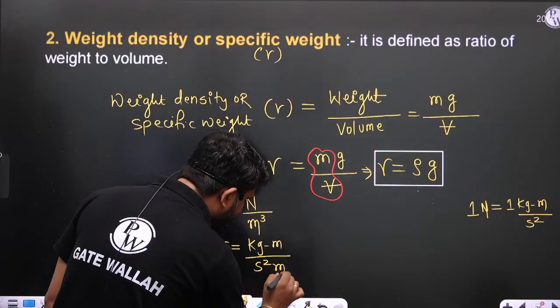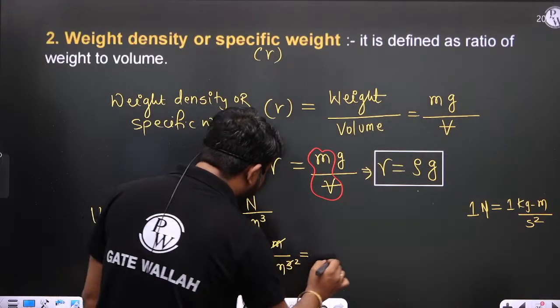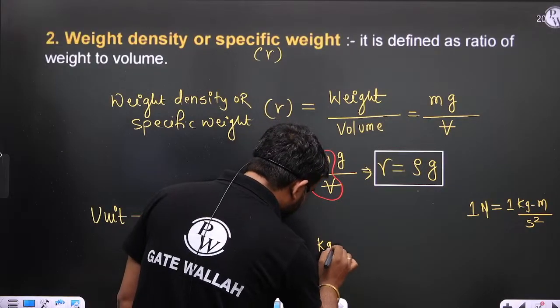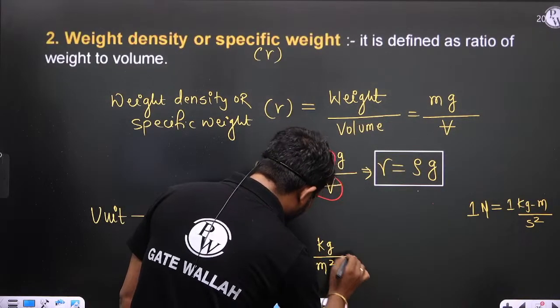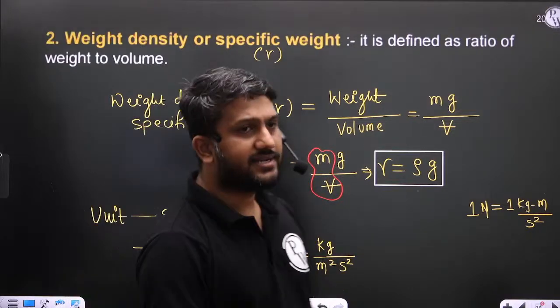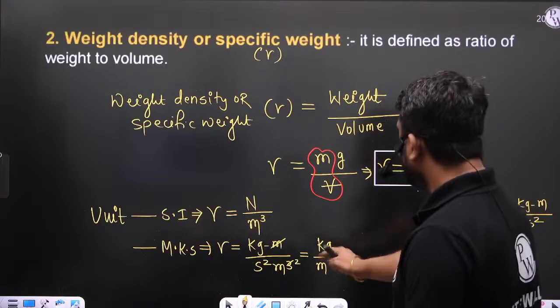And this is meter cube. So meter and meter cancel out. So finally it comes kg per meter second square, right? Kg per meter second square.